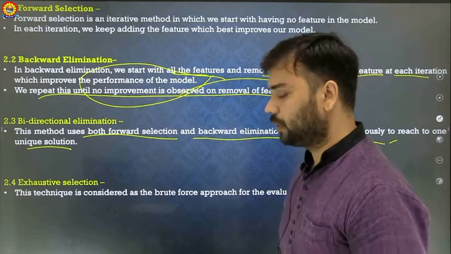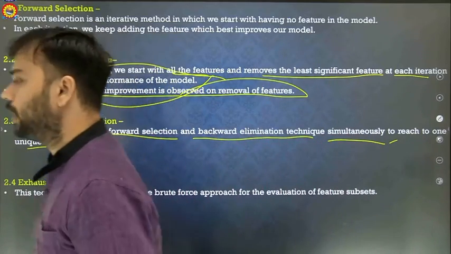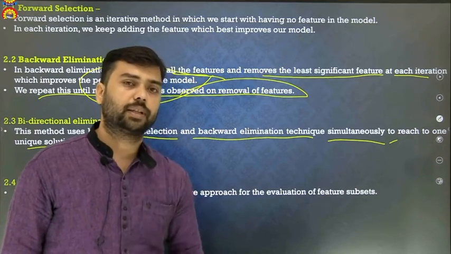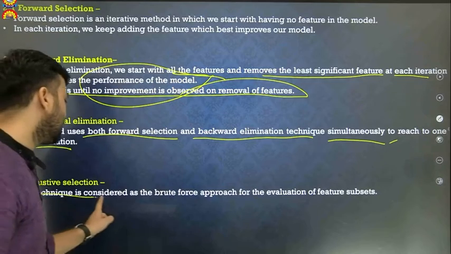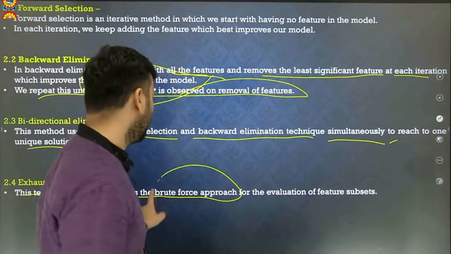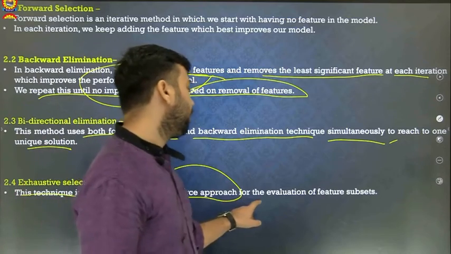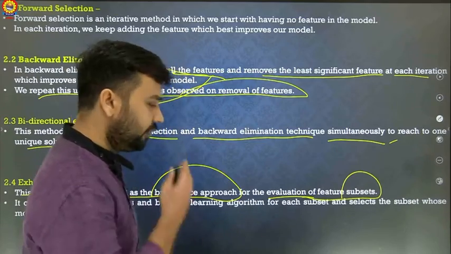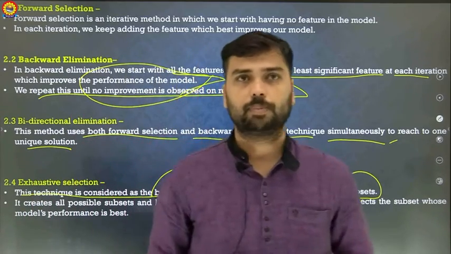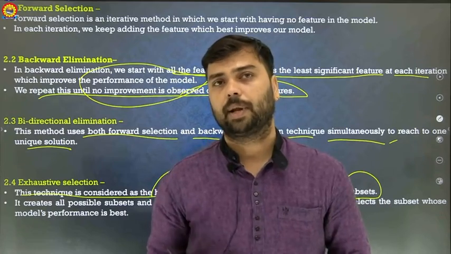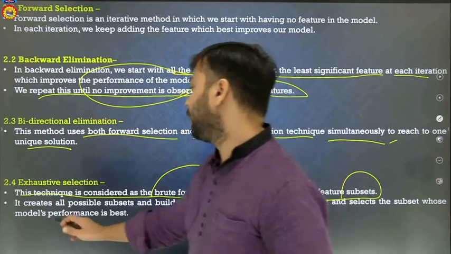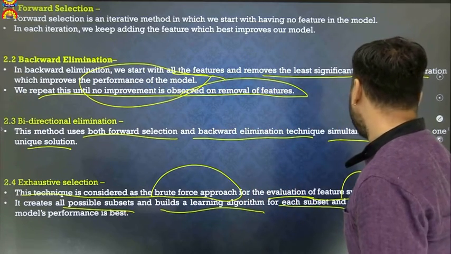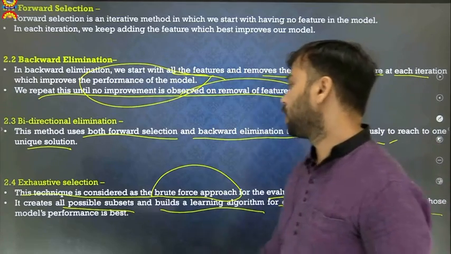And then exhaustive selection. In exhaustive selection, we generate all possible subsets, apply them to the model, and check the result. This technique uses the brute force approach for the evaluation of feature subsets. In the brute force method, we generate all possible feature subsets and apply them to our model. It creates all possible subsets and builds a learning algorithm for each subset, then selects the subset whose model performance is best.